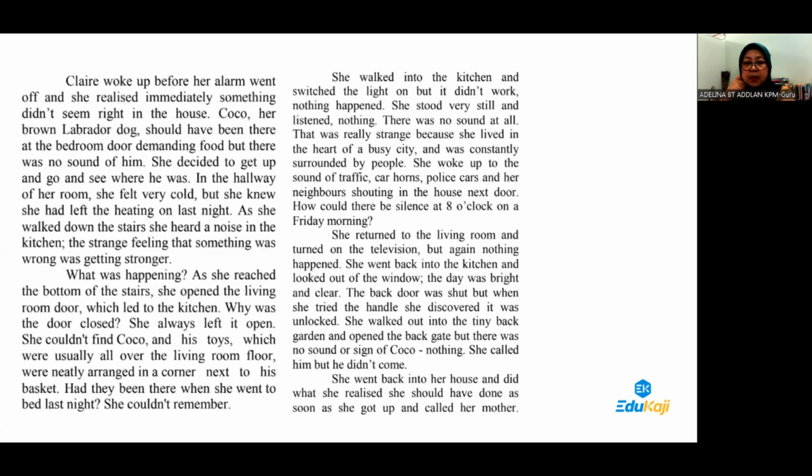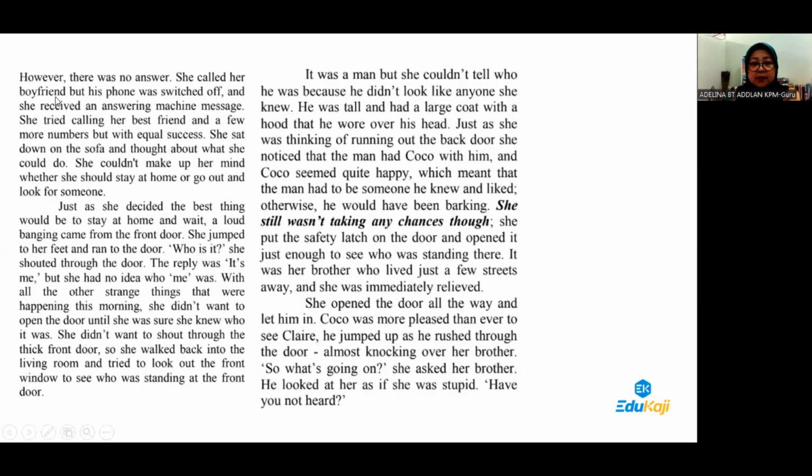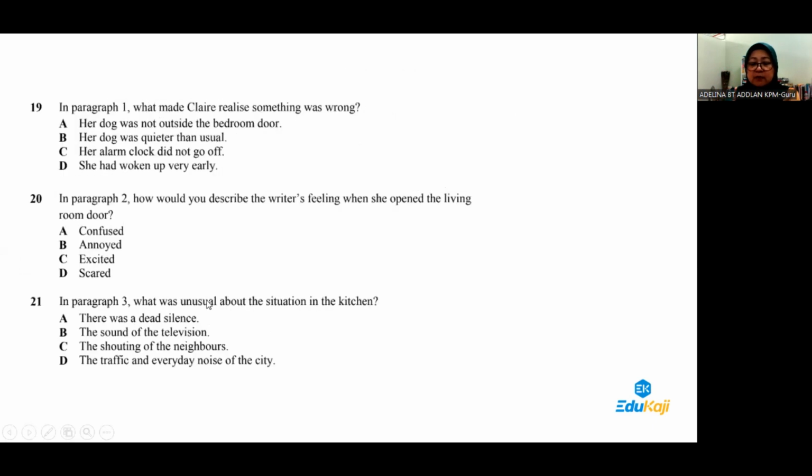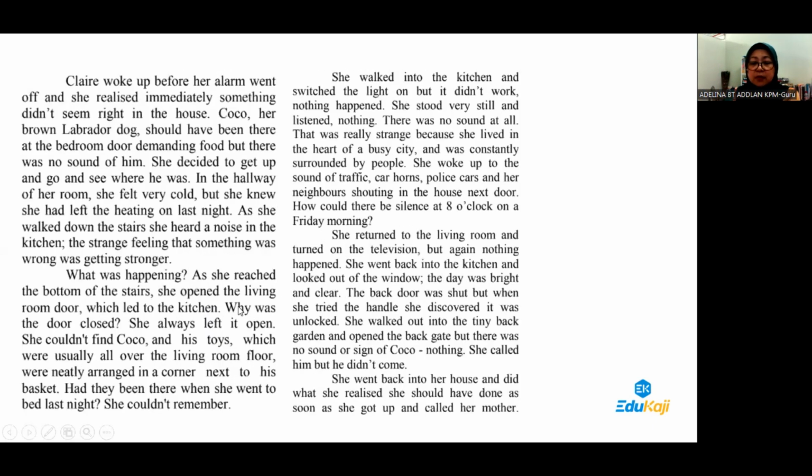Okay. All right. For part 3, comprehension. We have 7 to 8 questions here. All right. How many paragraphs do you see? Okay, you've got 1 paragraph, 2, 3, 4, 5, 6, 7, 8, 9 paragraphs altogether. Right. So 9 paragraphs.